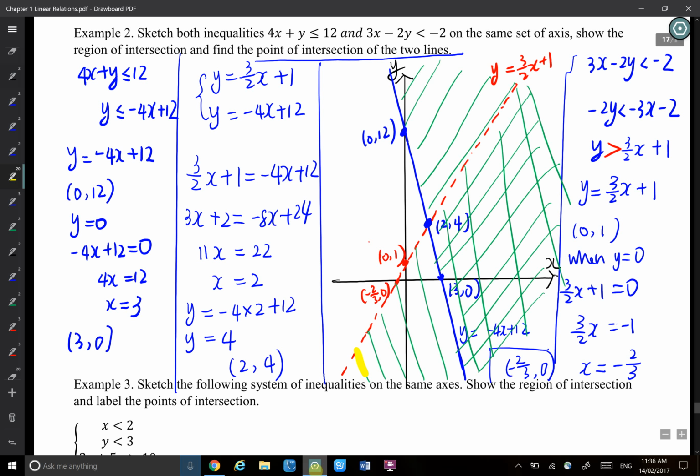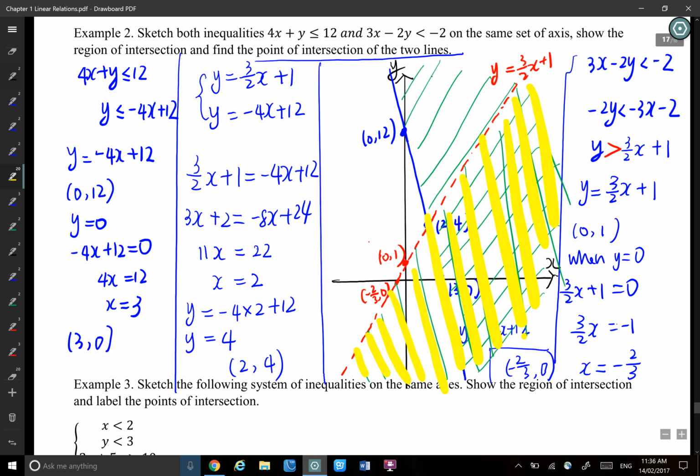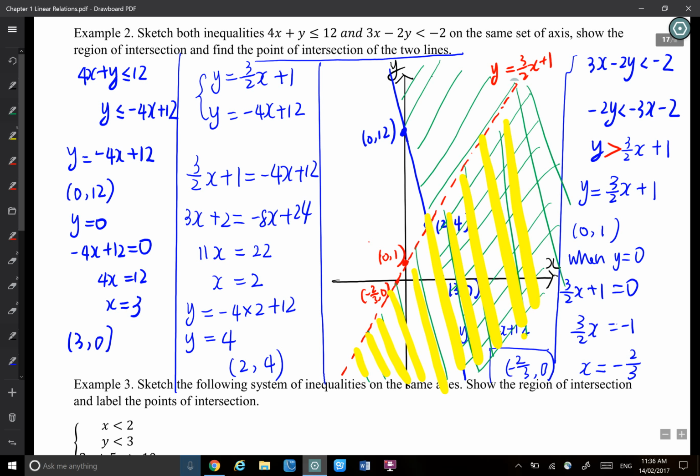Better to use another color maybe. Okay, it's a little bit over here. It's okay. I just have to be careful not to draw it over.